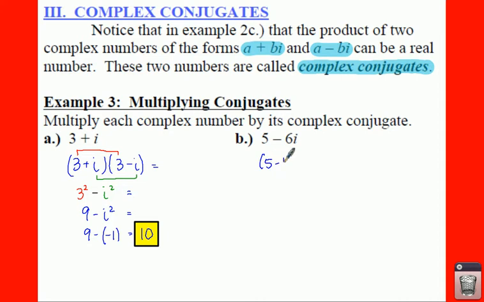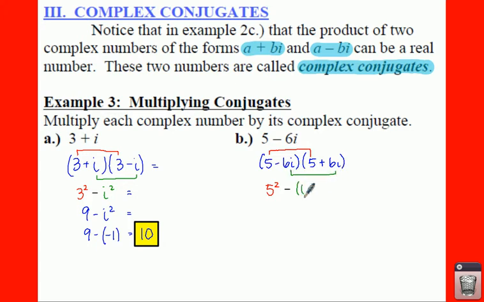So if you have 5 minus 6i for part B, then the complex conjugate of that is going to end up giving you a 5 plus 6i. So once again, you're going to take the 5, square that, and then you're going to take the 6i's and multiply those because you're going to square those.